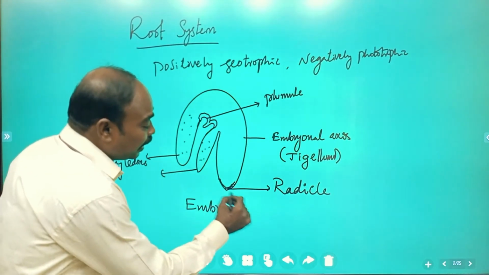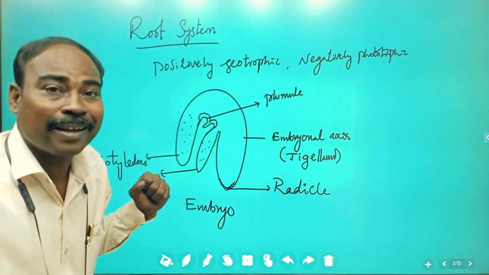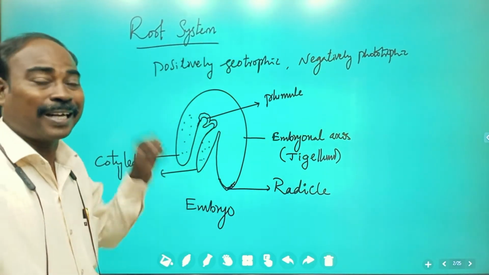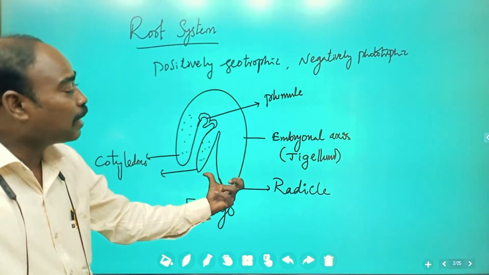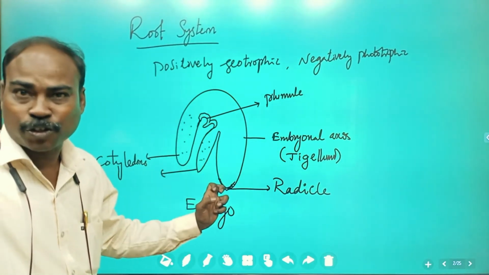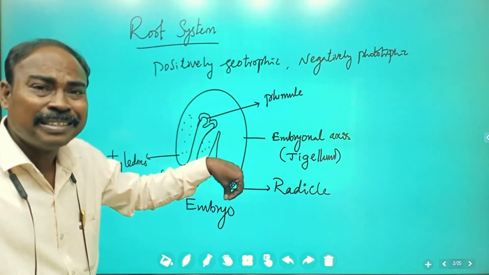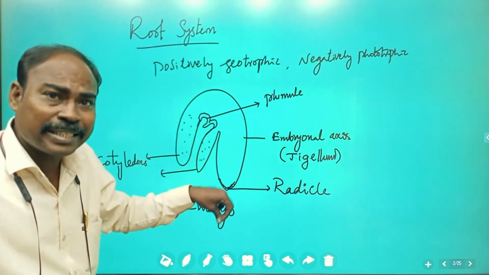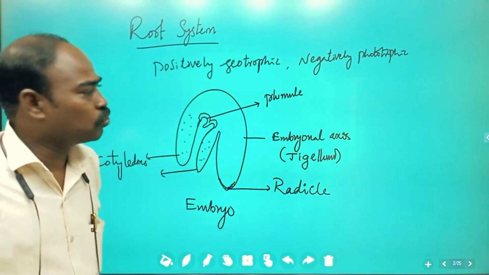From this, the radicle grows or elongates into root system, the plumule grows and elongates into shoot system at the time of germination. So root system develops from the radicle of the embryonal axis. Embryo is the product of fertilization present within the seed in flowering plants, right?